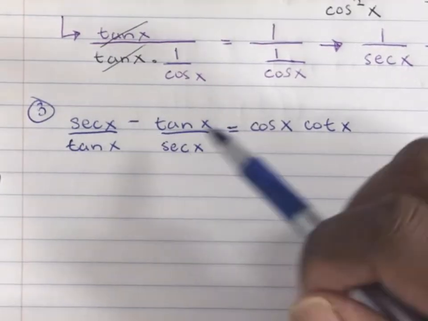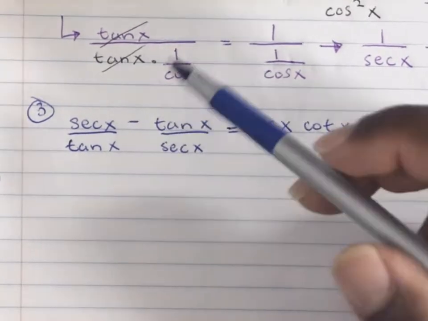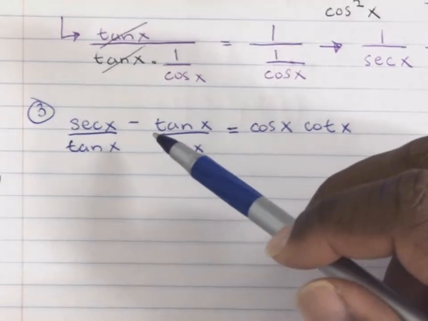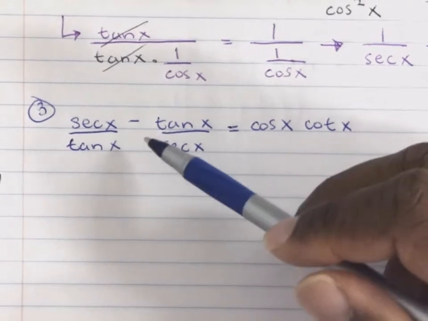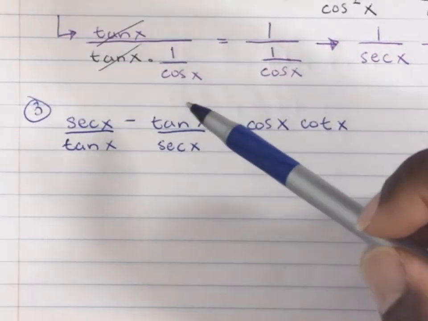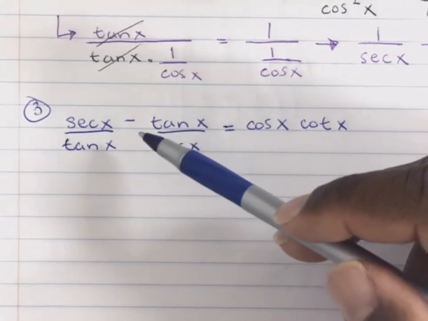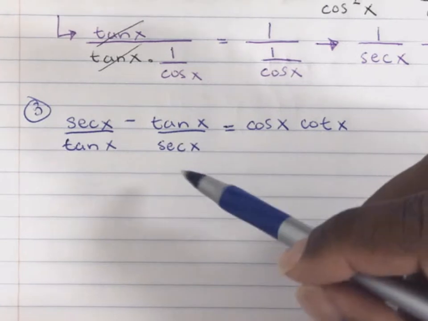I want to prove that either the left or the right side equals the other side. I think this time we start on the left side and we want to show how this left side can be transformed to look like this right side. So I want to somehow get this to simplify, change, be reduced, multiply.